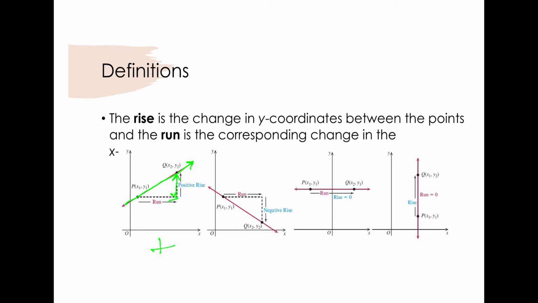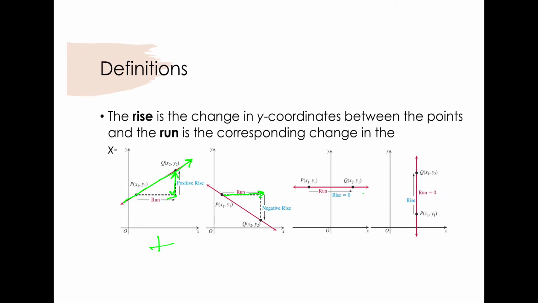You'll notice here that as the run goes in a positive direction, moving from left to right, the line is actually falling. That's a negative, so we call this a negative slope. And if it's flat, so as we're running from left to right, it's not rising or falling, we say this is a zero slope.